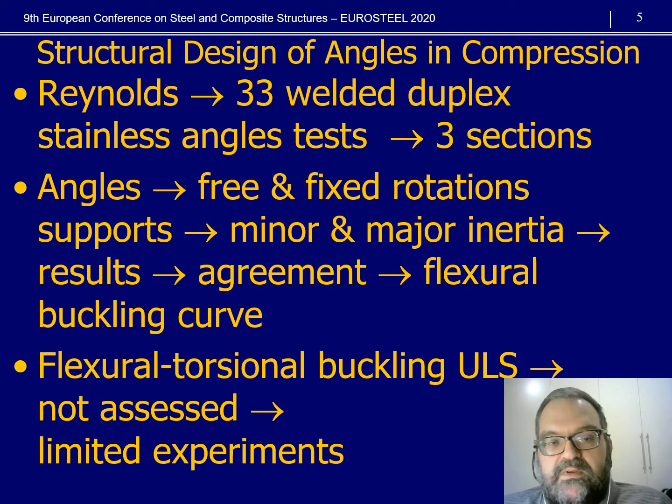The angles had free and fixed rotation supports in the minor and major inertia axis, and the results proved to be in agreement with the American design standard that uses a flexural buckling curve. On the other hand, the flexural-torsional buckling ultimate limit state was not assessed by the limited amount of experiments that were performed.